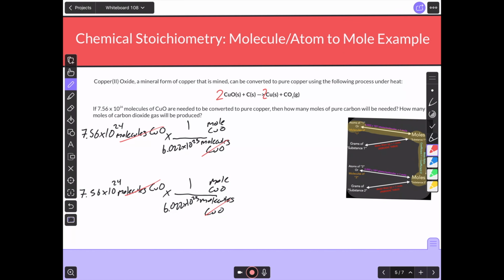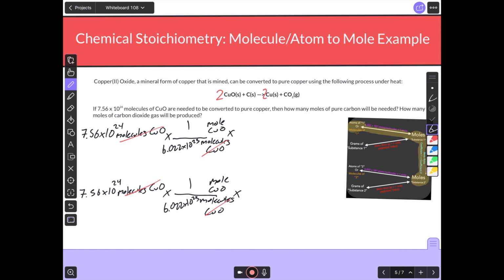That's the point. Now that we've gotten to our moles of copper oxide, we can use the balanced reaction to use the mole ratio to get us between the moles of our copper oxide, which are here, to the moles of carbon, and then the moles of carbon dioxide, which is what we want.